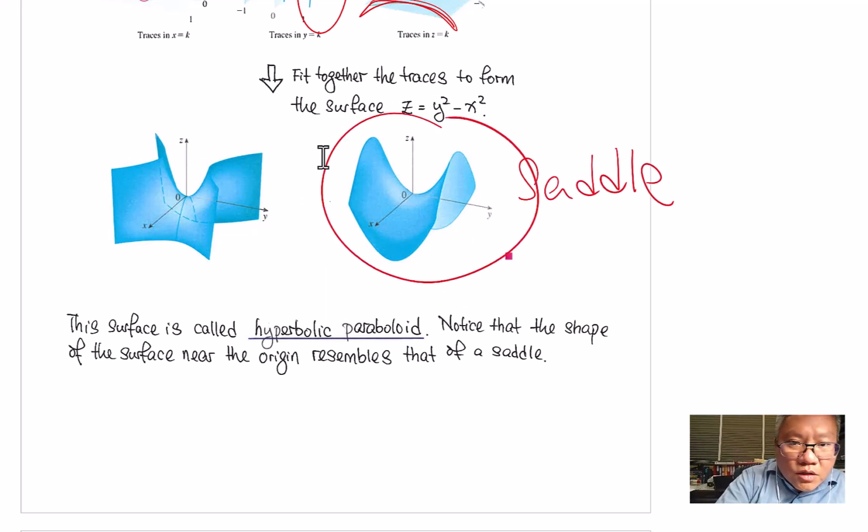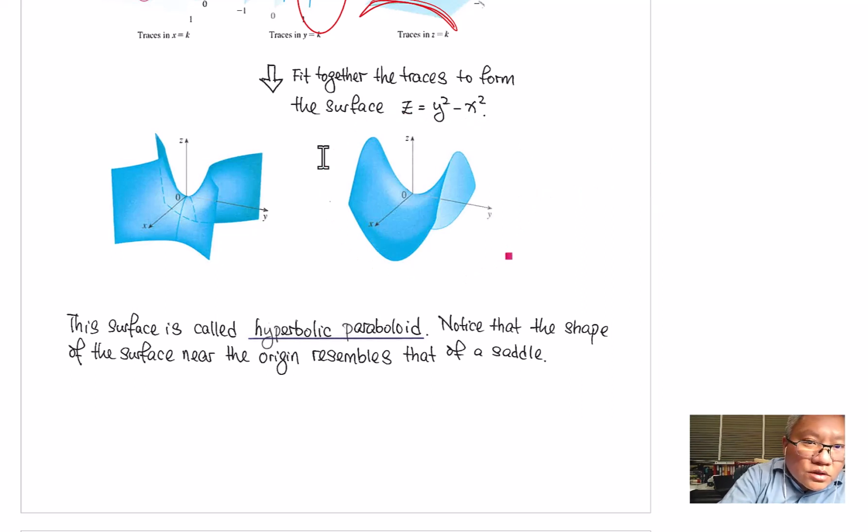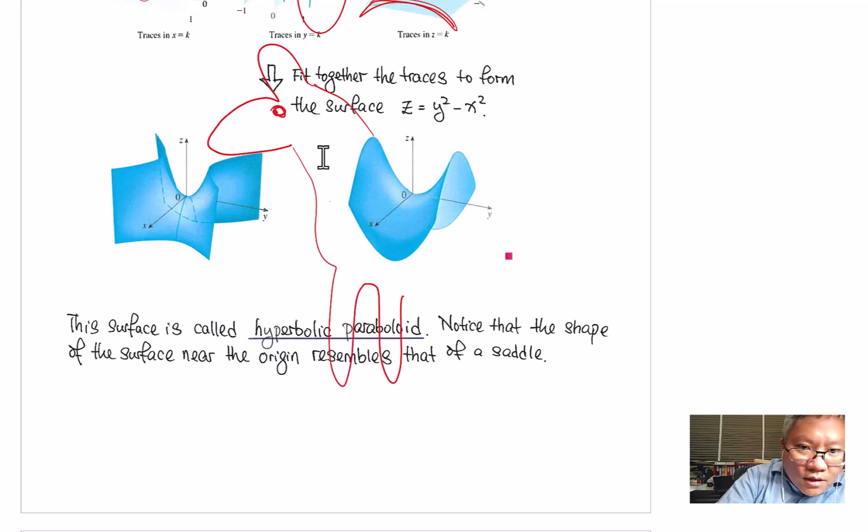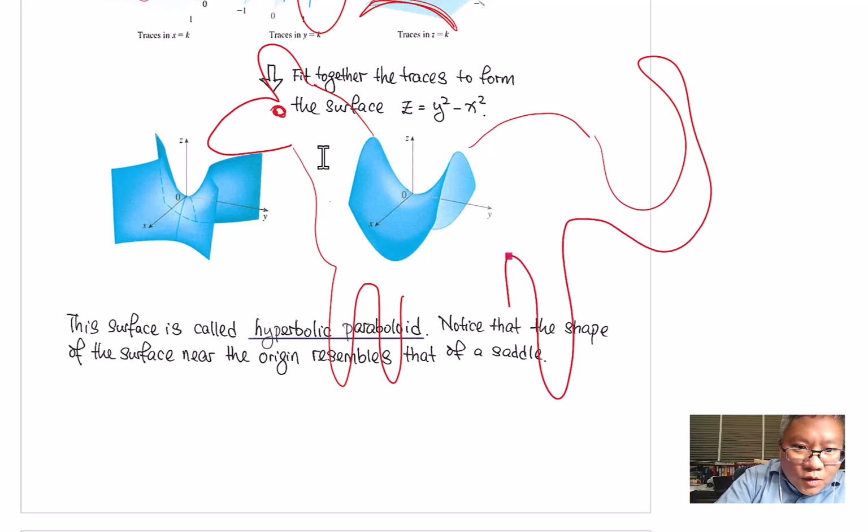It's called a saddle because, think about that, it's a horse. Right, so this is a saddle. If you go in this direction, the things will go down like that.